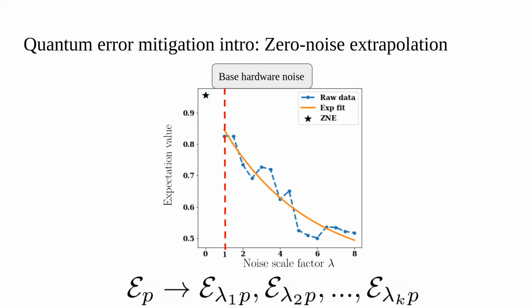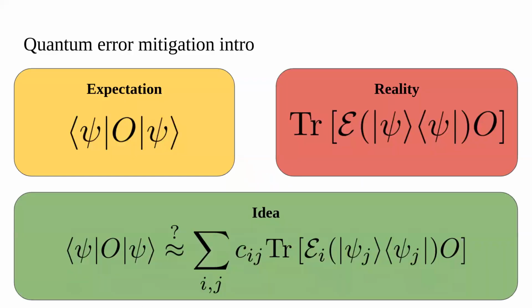And you can write that best fit coefficient in terms of the data that you collect. The data that you collect here is the scaled channels. So if we go back to this equation, here's the channel that we're parameterizing. Say the state's fixed.